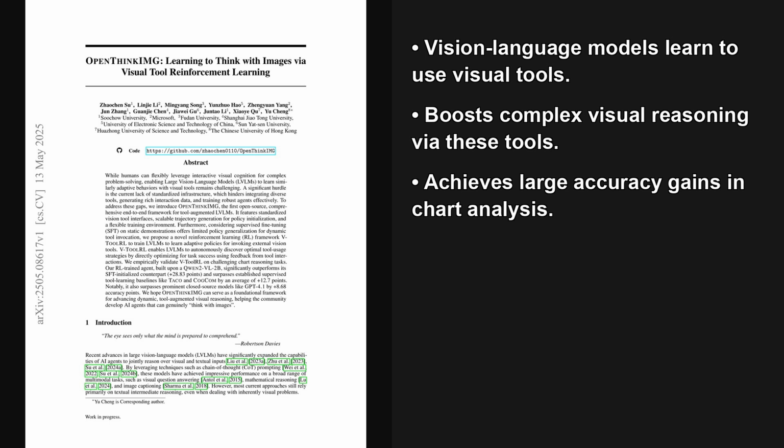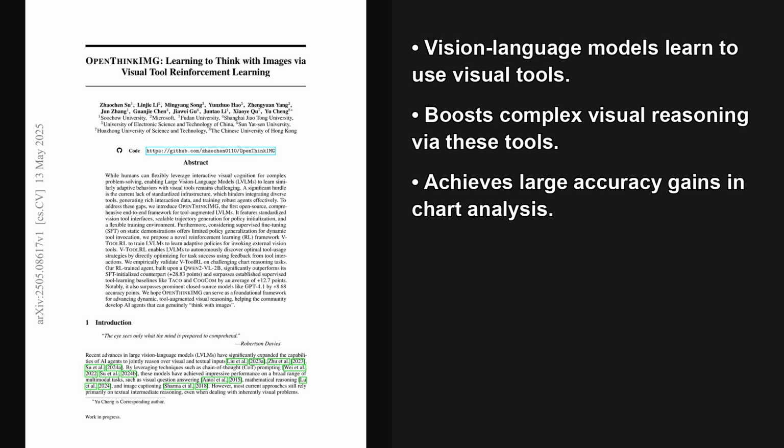Today's paper from Papers with Code is OpenThinkIMG, Learning to Think with Images via Visual Tool Reinforcement Learning, published May 13, 2025. It introduces OpenThinkIMG, an open-source framework to help large vision language models, or LVLMs, AI models understanding both images and text, learn to use visual tools.